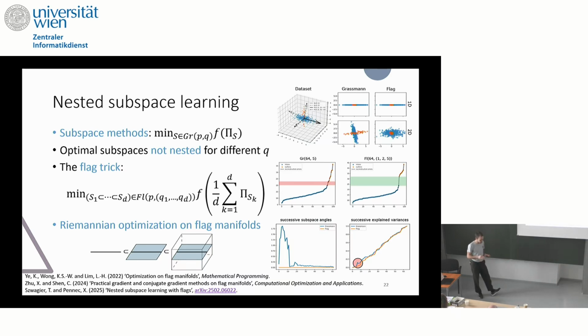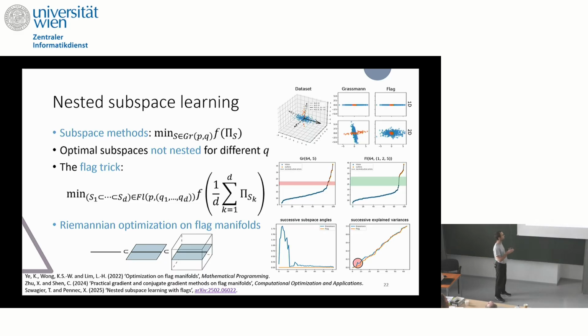Many methods fall into this category, like linear discriminant analysis, spectral clustering, robust subspace recovery, etc. The issue is that, in general, you don't know the dimension you want, so you try several ones. And for different dimensions, the optimal subspaces are in general not nested. The smallest one is not included in the largest one. This raises an issue of consistency that we detail in the paper.